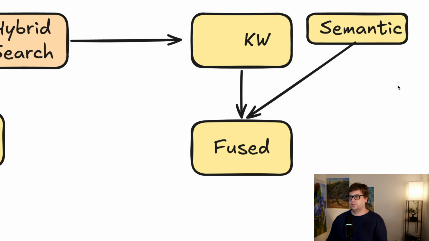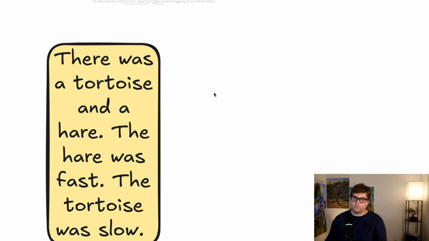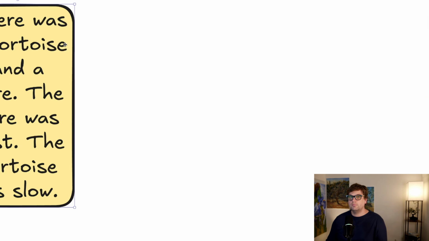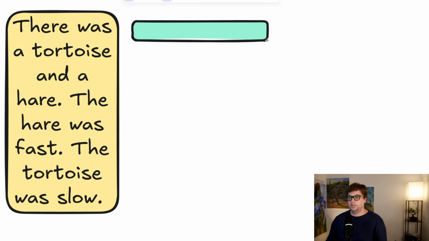So what's the difference? In a traditional semantic search, or in both systems here, you have some sort of document. And so I'm going to say there was a tortoise and a hare. The hare was fast. The tortoise was slow. Okay, great. So we have 3 sentences. Now, in a traditional semantic search, what we see is 3 chunks.